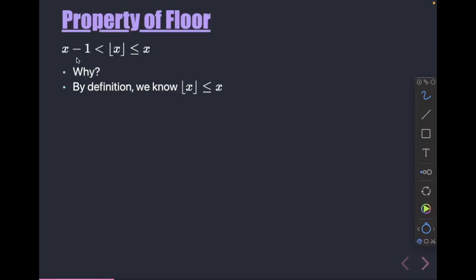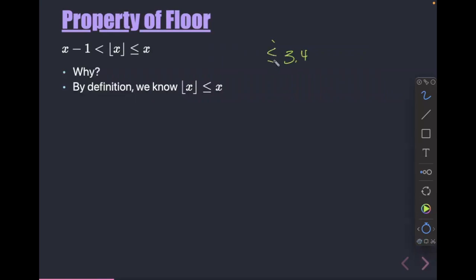But why is x minus 1 always less than the floor? Let's think about the reasoning behind that. I think if you think about it with an example, it makes sense. If we have the number 3.4, and this is our x, then the floor of 3.4 is going to be 3.